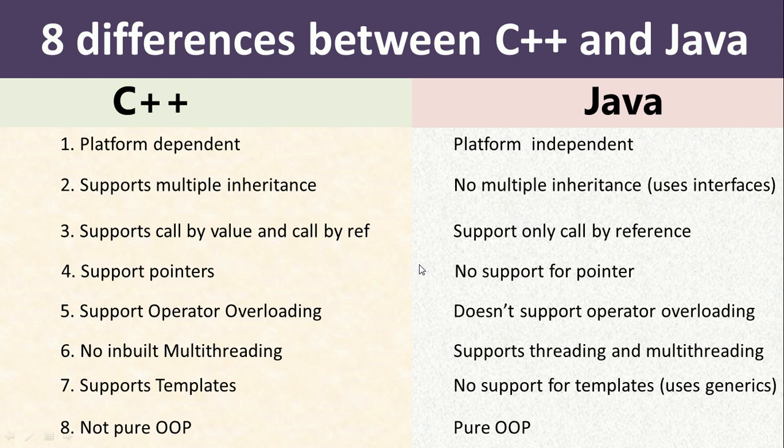And that makes it behave sometimes like a procedural language, sometimes like object-oriented programming. So you can actually use C++ to write procedural programs. Java is pure OOP, meaning that you must always have an object before you can run the Java code. So these are the 8 differences.